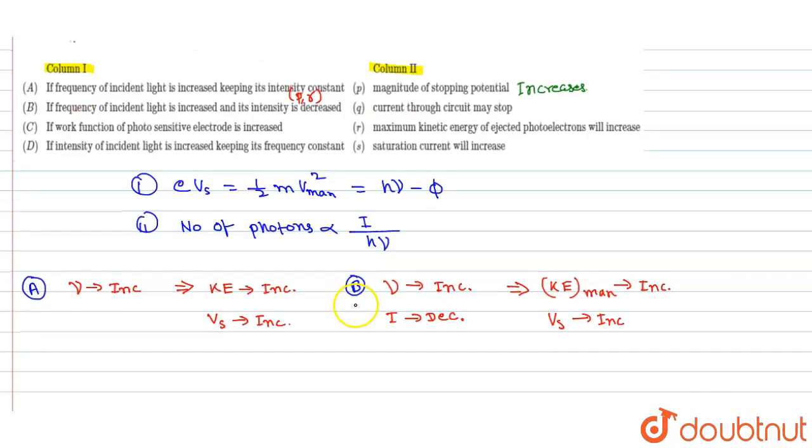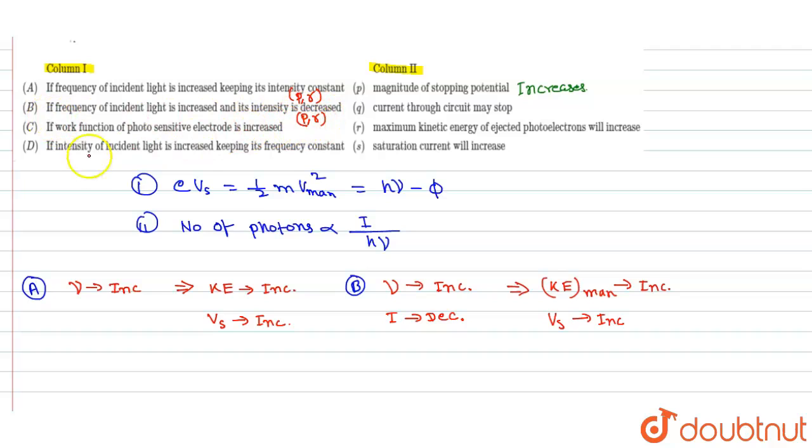Now, intensity decreases, so the number of photons decreases. If the number of photons decreases, the saturation current will decrease. But in column second there is no option for saturation current decrease. So again P and R are right for this.